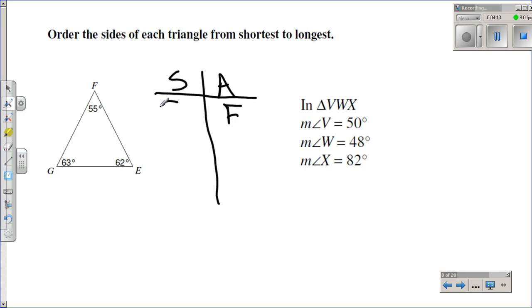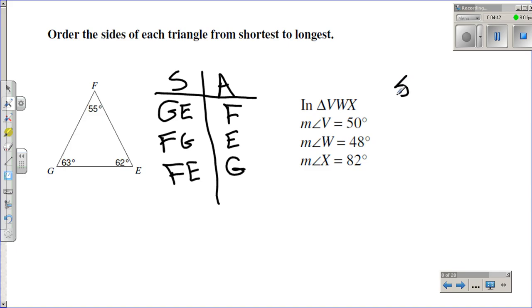G and E. The next smallest one is 62, which is E. What letters missing? F and G. And then the largest angle right here is G. What letters are missing? F and E. And then automatically I have my sides from shortest to longest as I come down.